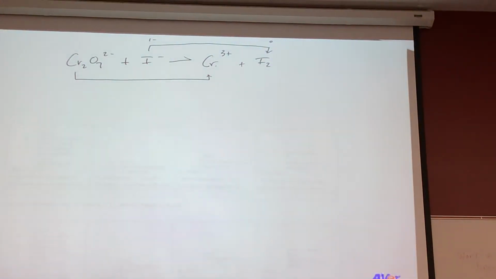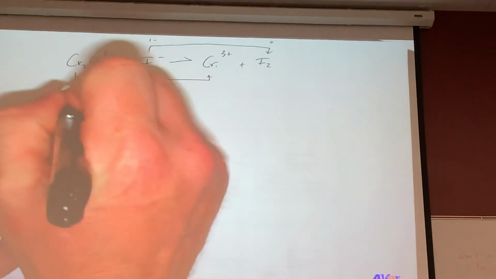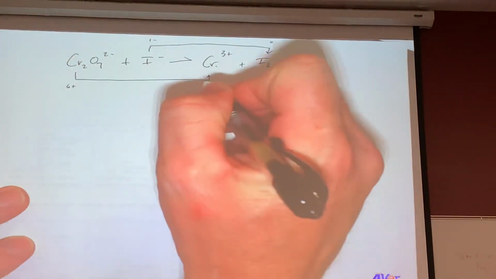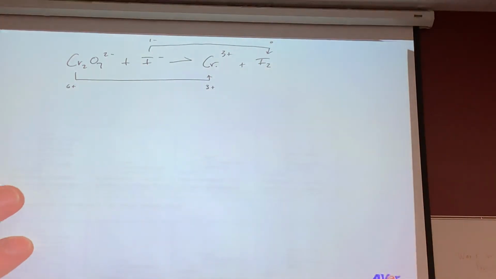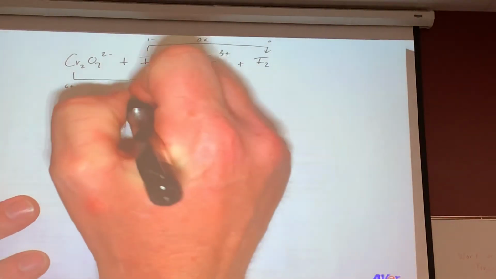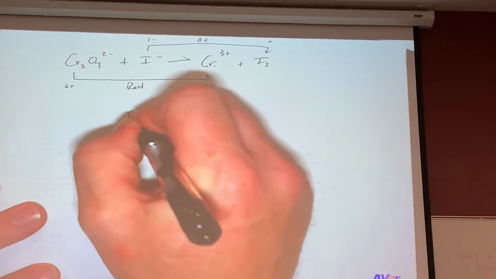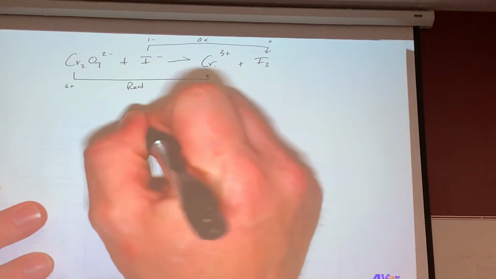Oxidation is when your oxidation number becomes more positive. Reduction is when your oxidation number goes more negative. In this case, it's a 6 plus, over here it's a 3 plus. So what happens to the iodine, reduction or oxidation? Oxidation. What happens to the bottom one? Reduction.